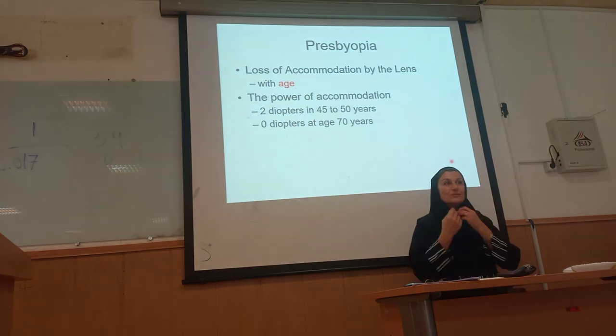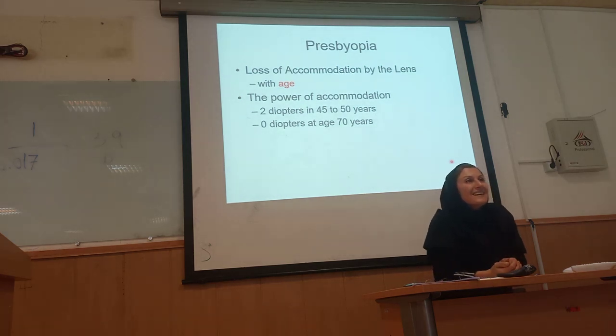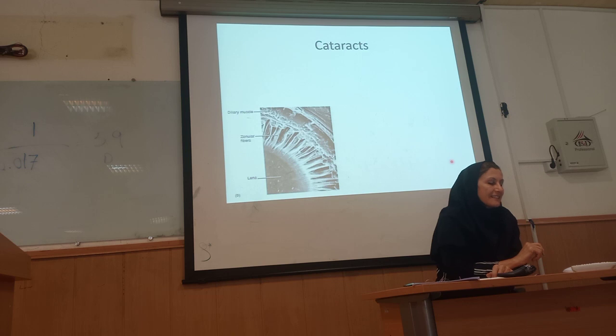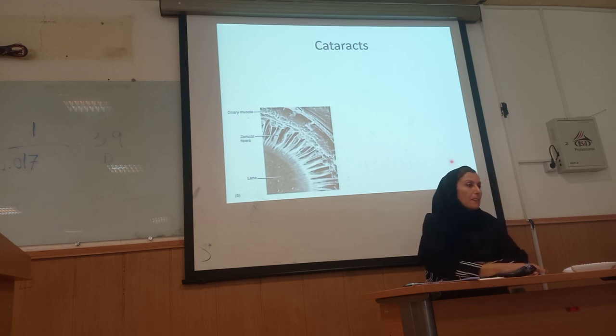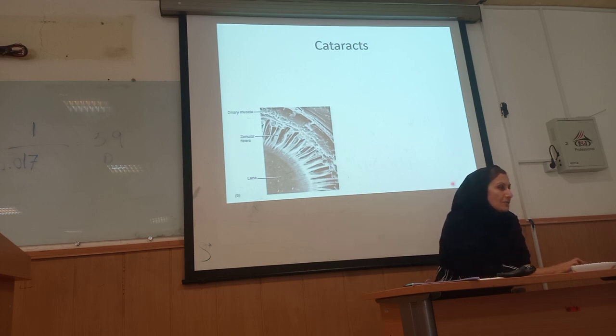Other things that you should know about the disturbance in the lens is what? Cataract. What is the cataract? Pay attention. When we speak about the lens, it is transparent.